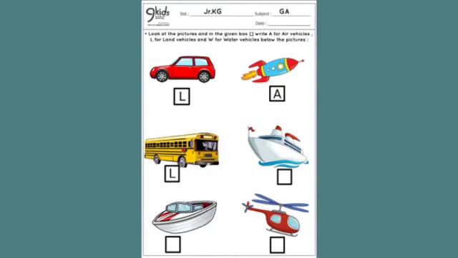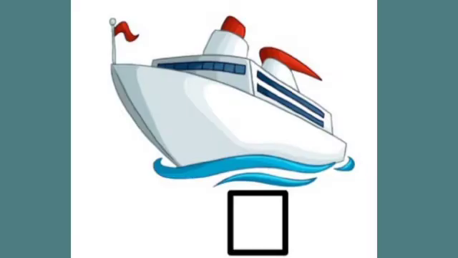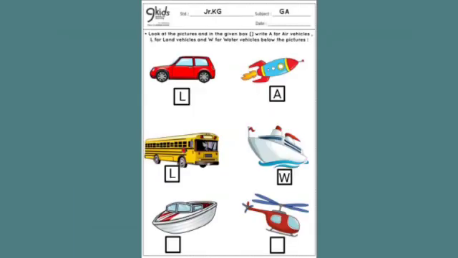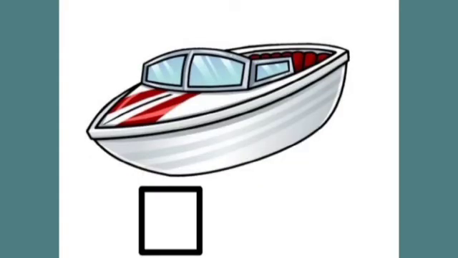Now, which picture is this? Ship. Yes, it is a water vehicle. So we will write W. Now, which picture is this? Boat. Is it water vehicle or air vehicle? Water vehicle.